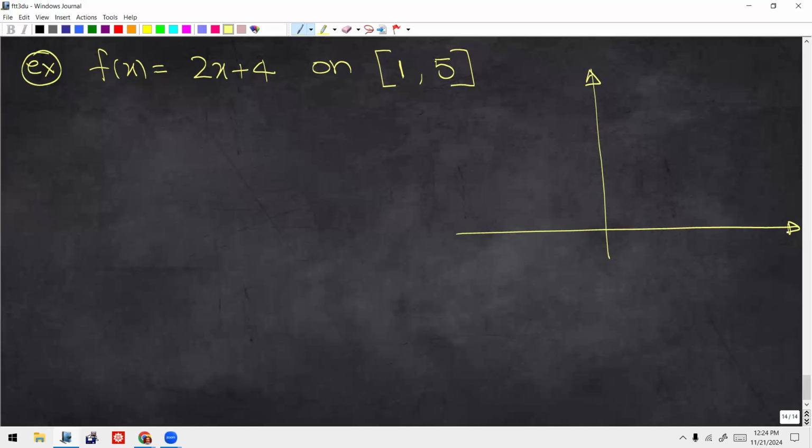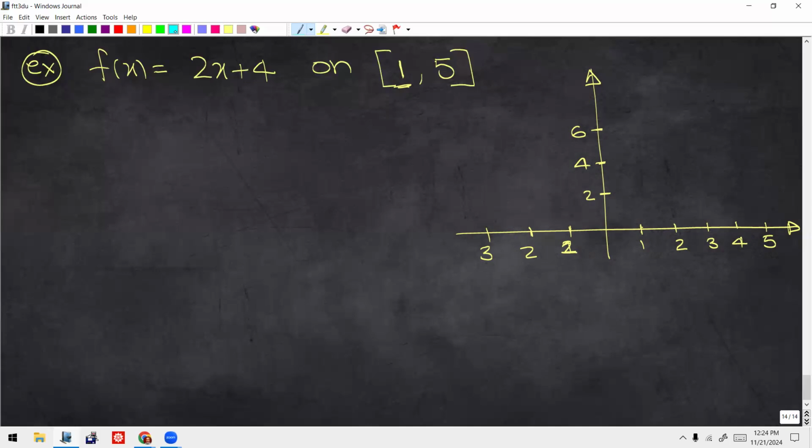Okay? So I'm going to graph this line. I'm going to scale this by 2, so we have 2, 4, 6, and I'll scale this by 1 since we're starting at 1: 1, 2, 3, 4, 5. Again, I'm just doing this to show you that this method works for something like this, okay?